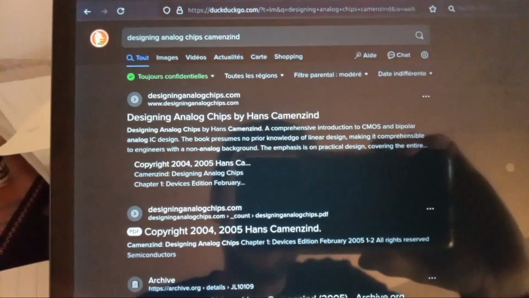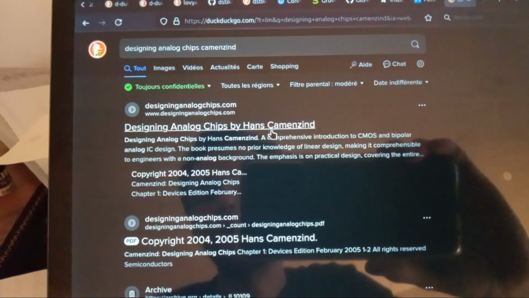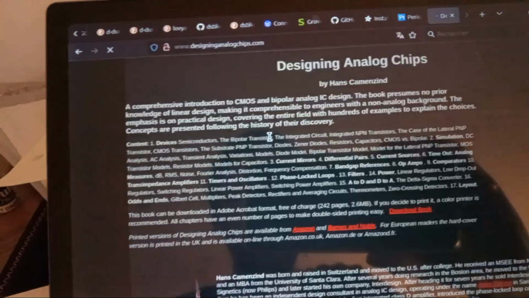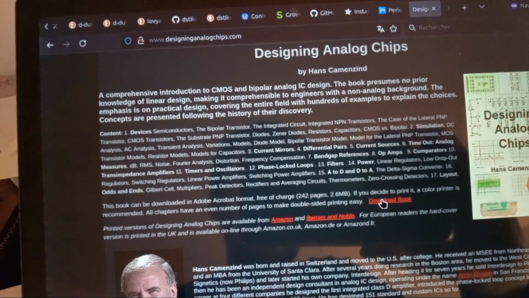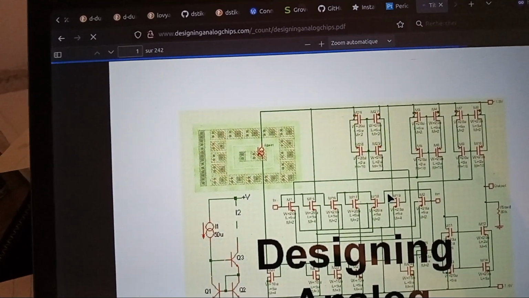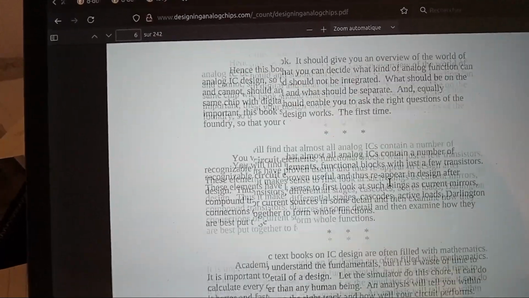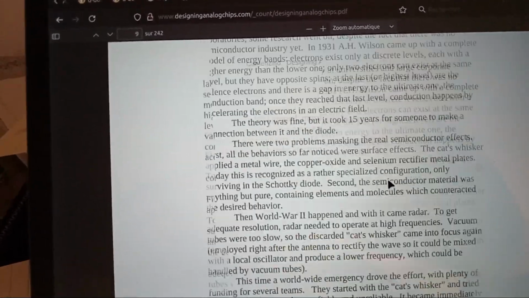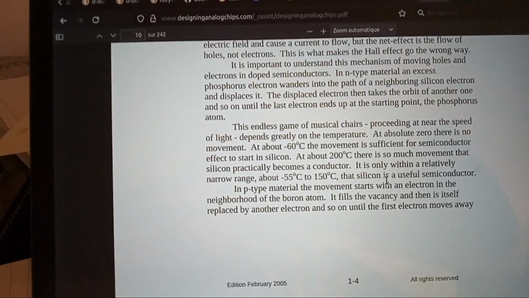This chip was designed by a guy named Hans Camenzind. He wrote a book, which is available on his website for free as a PDF. This book has an excellent description of how the PN junction works and a whole lot of other things. I'll be using it as I go through this description. I'll link it in the description of the video.